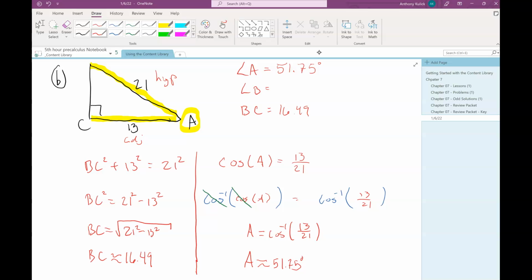Okay. And then to find angle B, what do I do? Yeah, I can just subtract them, right?